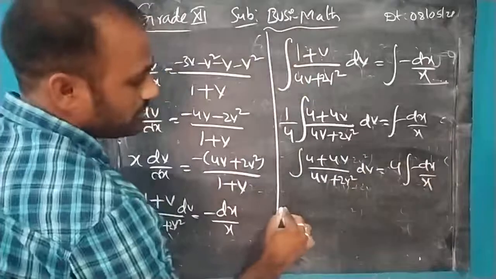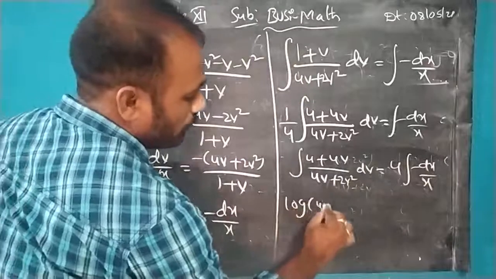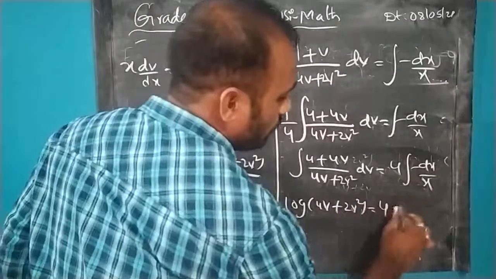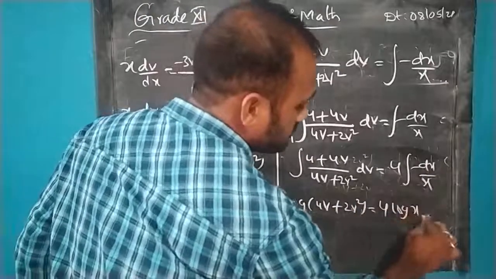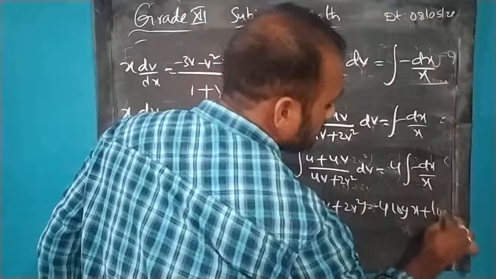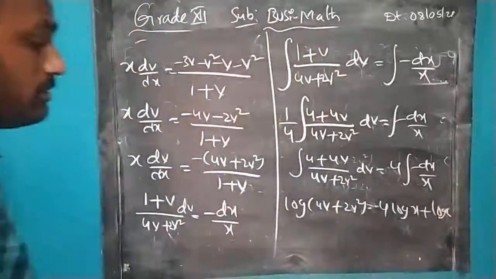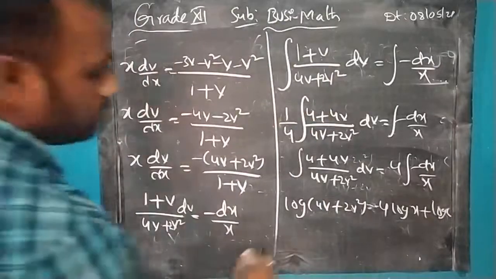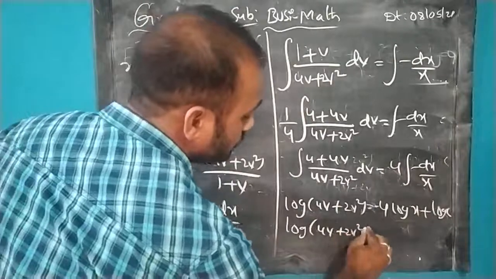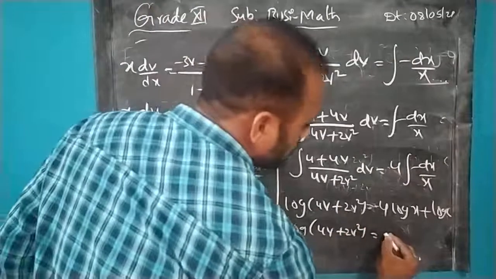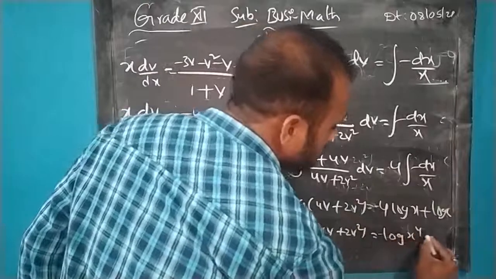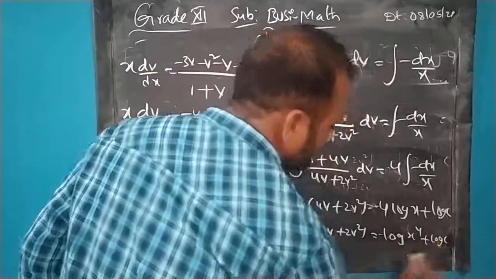Now let us apply integration. It will become log of (4v plus 2v square) is equal to minus 4 log x plus log c. Okay. So next step, log of (4v plus 2v square) is equal to log x power 4 minus log x power 4 plus log c.